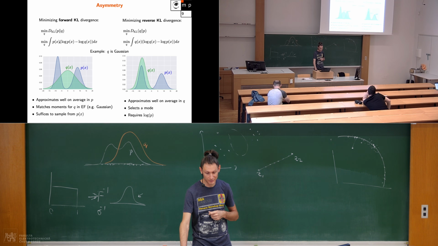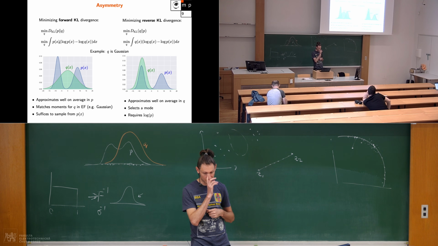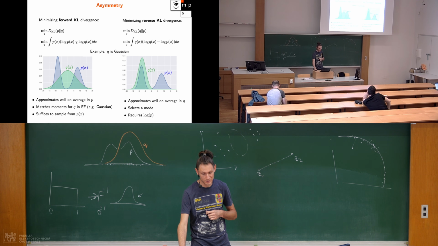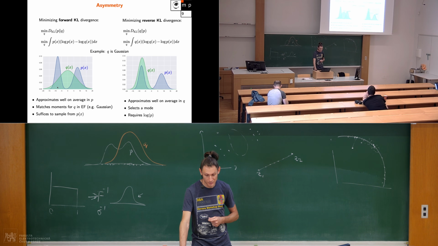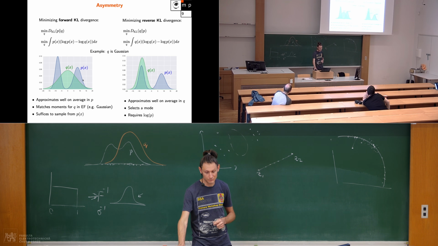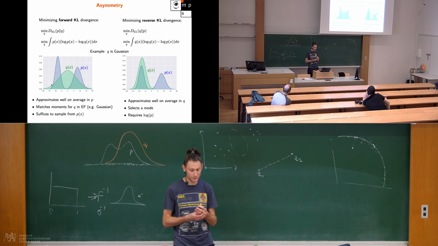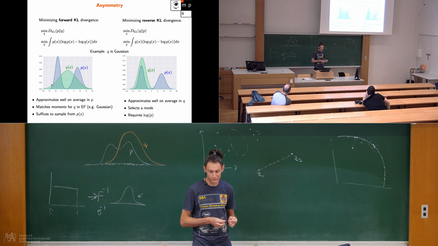Because here the expectation is over P, we want to approximate the distance in log densities well on average over the P distribution. So wherever the mass of P is high, we want this approximation to be accurate. And so Q, our approximating distribution, tries to cover all of the mass of P, so it stretches over this mass of P.